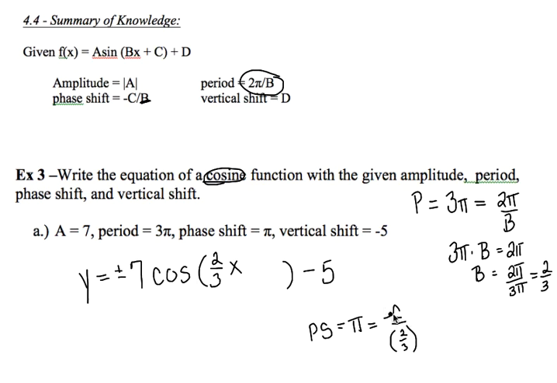So just like we solved for B before, now we're going to solve for C. I'm going to do that by multiplying the 2/3 over to the other side. So 2/3 pi equals negative C, or in other words, C is equal to negative 2/3 pi. So we're going to put minus 2/3 pi right here. It doesn't always happen that those two numbers are the same. That's just a coincidence there for letter A.